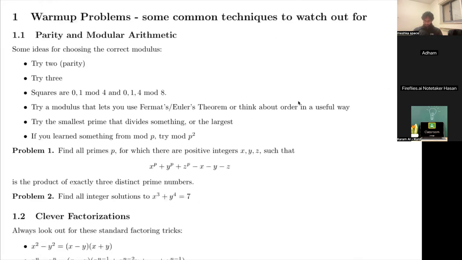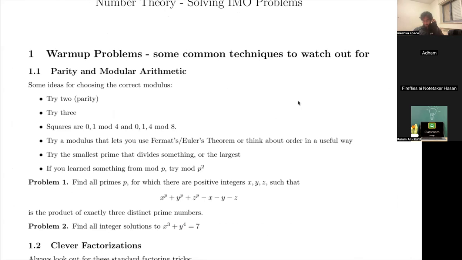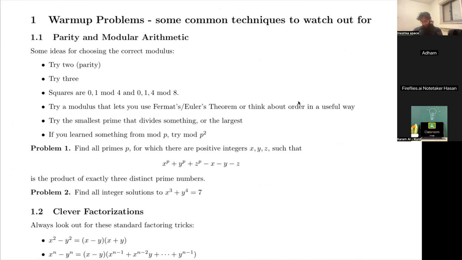One big technique is using modular arithmetic: if I have an equation, reducing it mod n. I listed some ideas for how to choose the correct modulus, but let's do some problems where you can see.